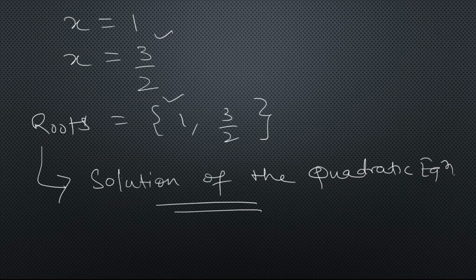These roots are called the solution of the quadratic equation. Okay. So you have seen 1 comma 3 by 2.